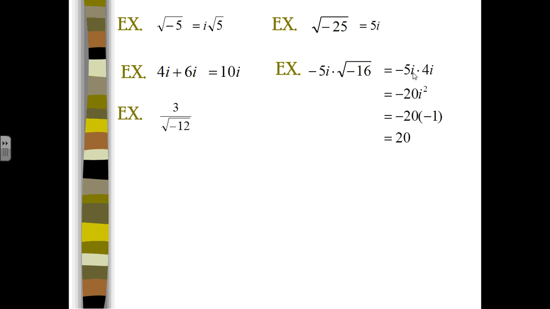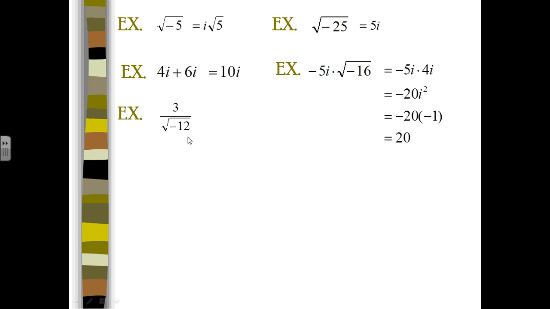So -5i times 4i, we end up getting a -20i squared. And then this i squared, if you recall, is defined as being equal to -1. So i squared turns into the -1 here. We get -20 times -1, which gives us an answer of positive 20.